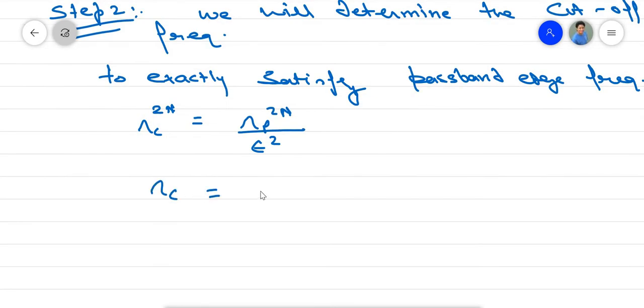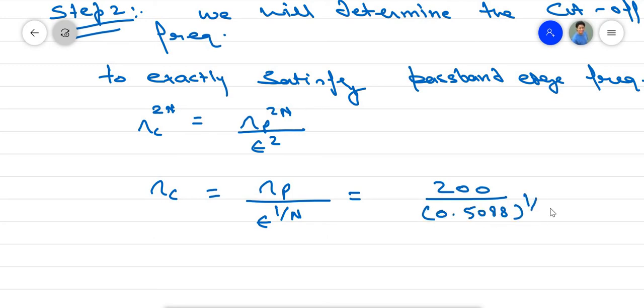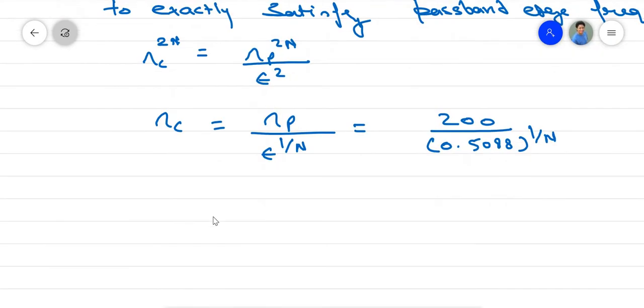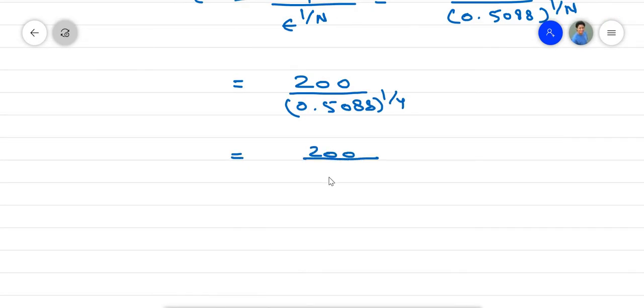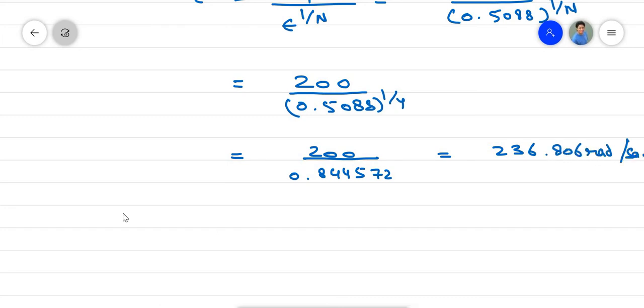Then omega C will be equal to omega P over epsilon to the power 1 by N. So it can be written as 200 over 0.5088 to the power 1 by N. We know the value of N is equal to 4. So we will get 200 over 0.5088 to the power 1 by 4. So this will give 200 over 0.844572, which is equal to 236.806 radians per second. So now we have obtained the cutoff frequency of the analog Butterworth filter.